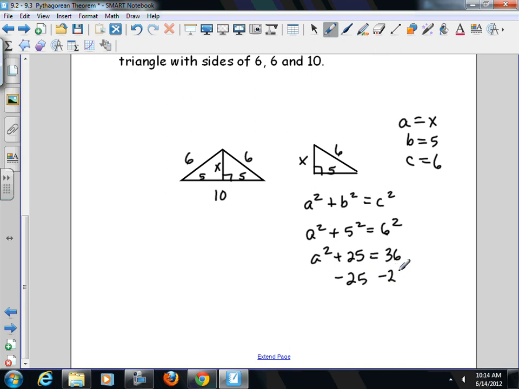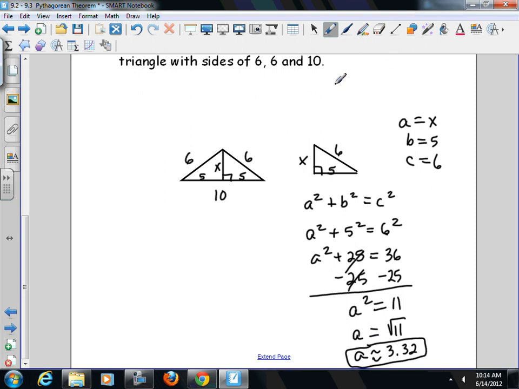Subtract the 25 from each side, and I end up with a squared is equal to 11. So now to find a, I take the square root of 11. And when I do that, rounding your answer to the nearest hundredth, we get a is approximately 3.32. So that is the length of the altitude.